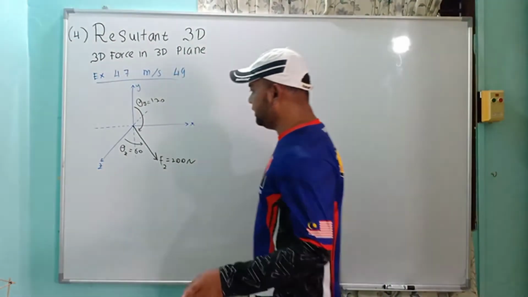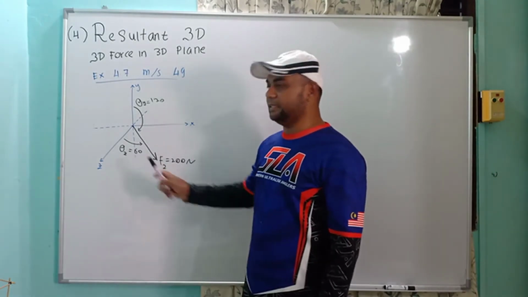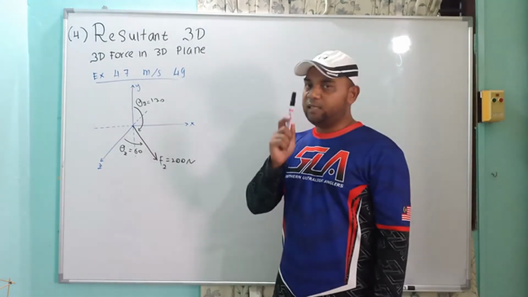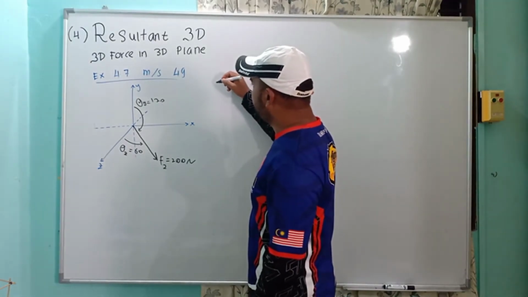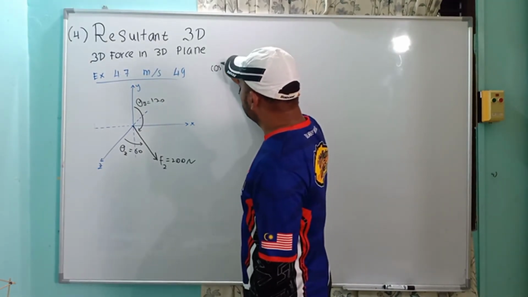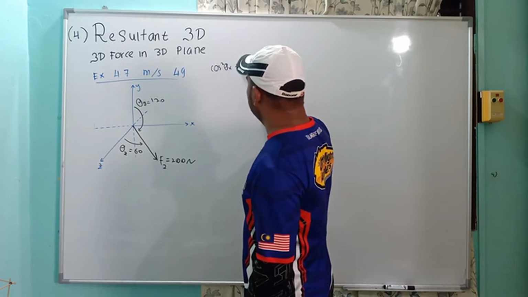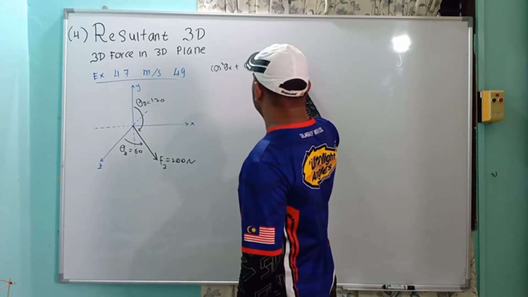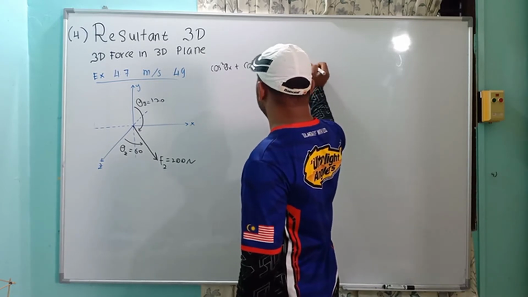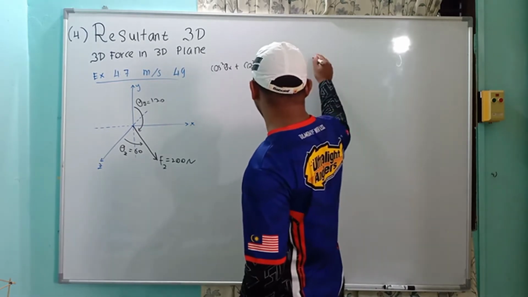Okay, so the first thing to do is, we have theta y and theta z, so you should find theta x. You use this formula, the vector identity: cos squared theta x plus cos squared theta y plus cos squared theta z equals 1.